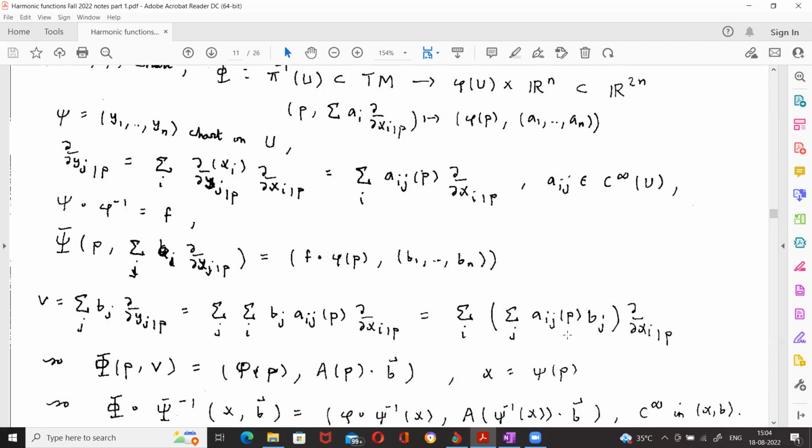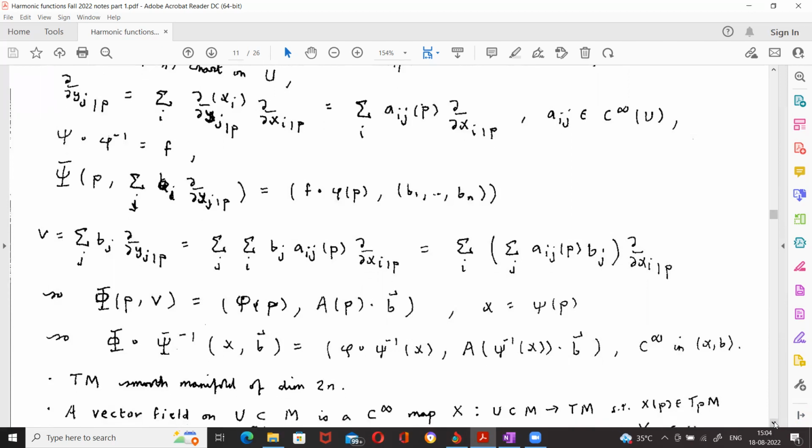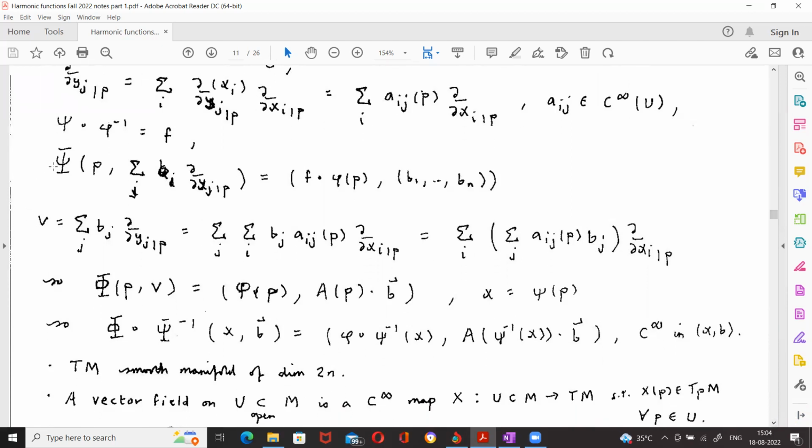In other words, it is the matrix A, whose entries are aij, times the column vector b. Therefore, if capital psi maps to (psi of p, b), then capital phi will map (p, v) to (phi of p, A of p times b), where A is this matrix aij.